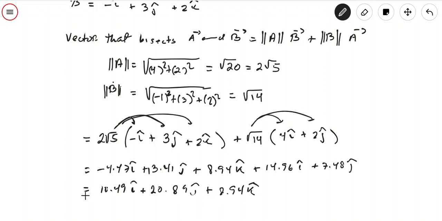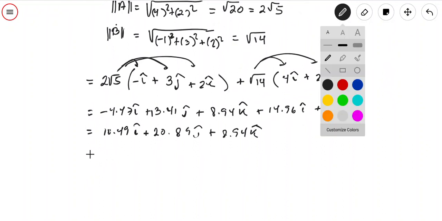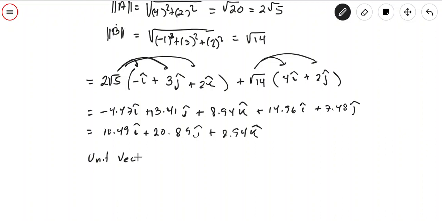This vector we have here is the vector that bisects the vectors A and B. But now, if I want to find the unit vector that bisects A and B, we have to find the magnitude of this vector.